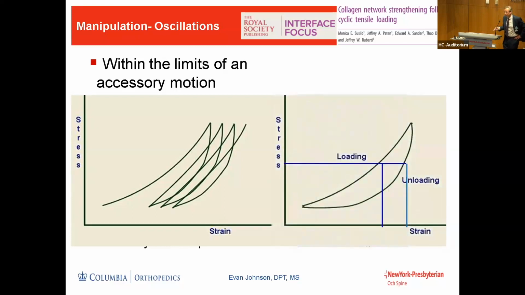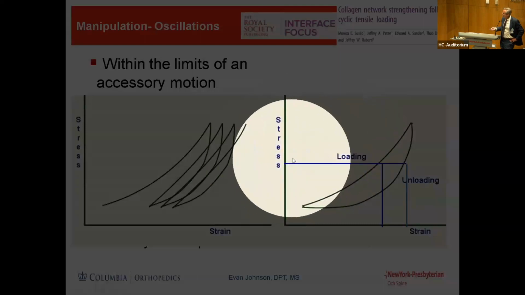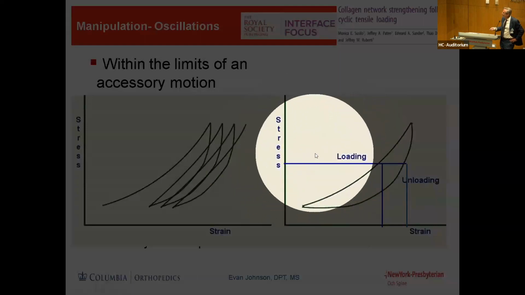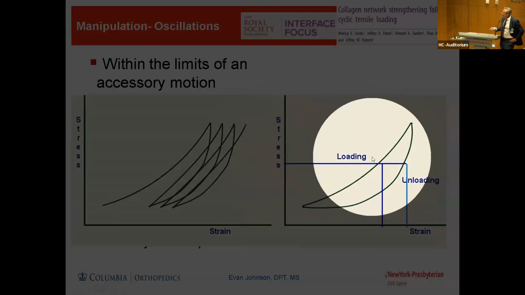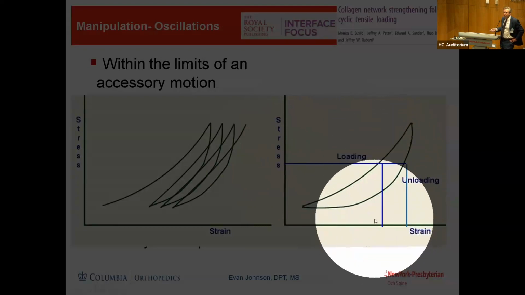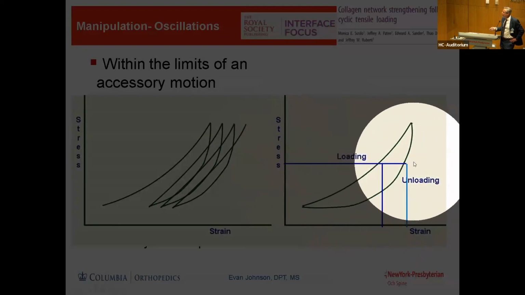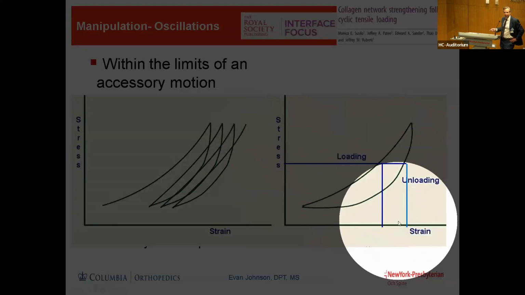We'll look at it in a little bit more detail. This is also looking at what's happening when you're loading and unloading. If you see the blue lines I put across, what you notice is that when you're loading and you reach, let's say, this halfway mark here, you drop a line down and that's how much strain you've had. Strain is tissue deformation. In that same unloading phase, look at where you are in terms of strain.